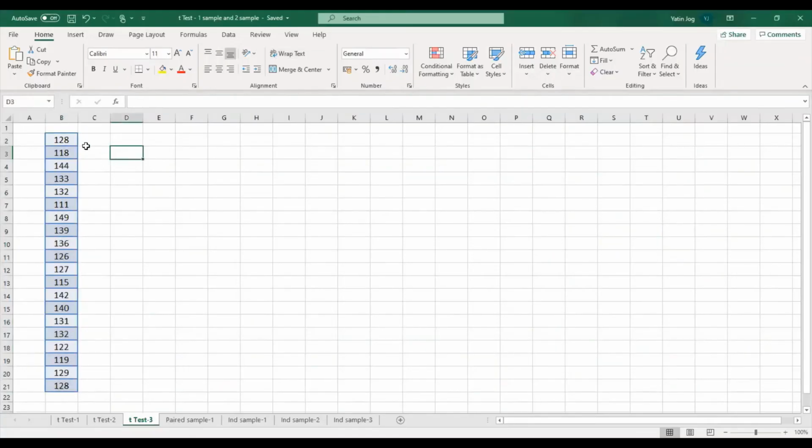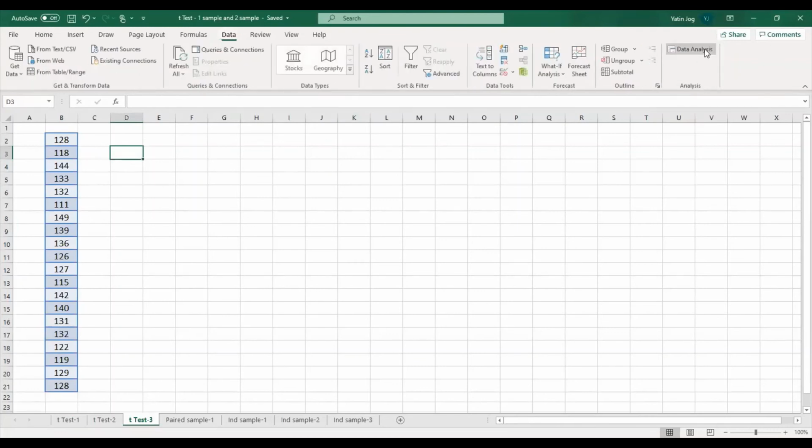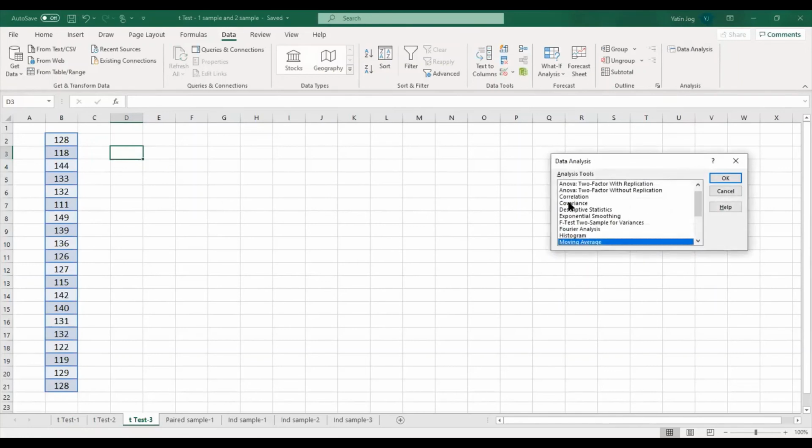Now, in this case, if you want to use Excel, look at the data analysis tab. ANOVA we are going to cover in tomorrow's session or the day after. Correlation, covariance and descriptive statistics we have already done in Excel.